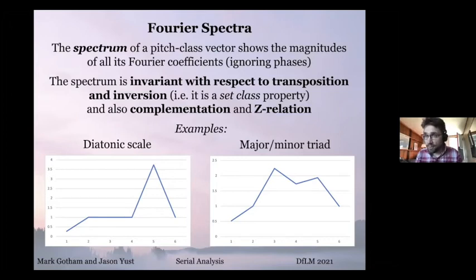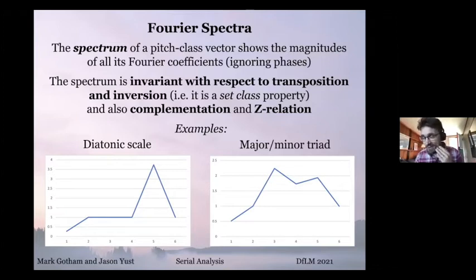So a couple of interesting mathematical features of this, which are going to be important for our application, are that it's invariant under transposition. If we transpose the row, it won't affect our results, right? It's also invariant under inversion. Again, invert the row, you get all the same results. Especially important here, it's also invariant under complementation. So this is the spectrum, right? The spectrum remains the same if I take the complement of a set, meaning I take all the pitch classes that are not present in that set.